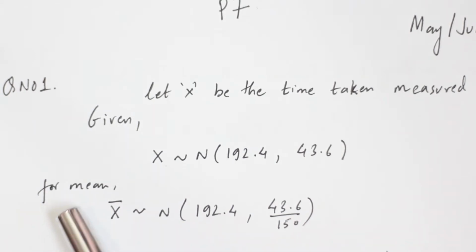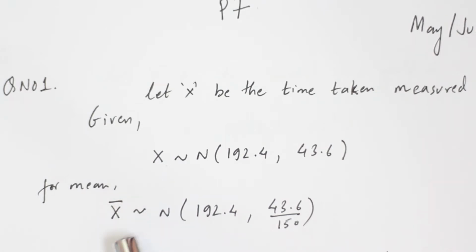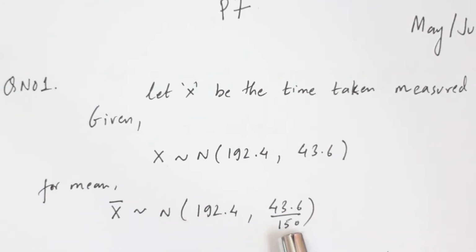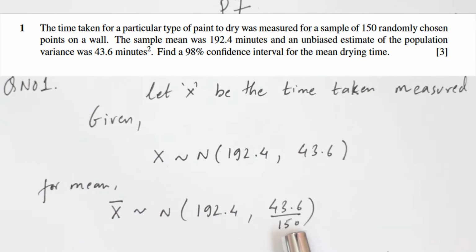Now, if we are looking at the distribution for the mean, then we know that for a given sample of 150, the mean is normally distributed with the mean being the same and the variance being divided by 150. So in this question, we have to find the 98% confidence interval for the mean drying time.